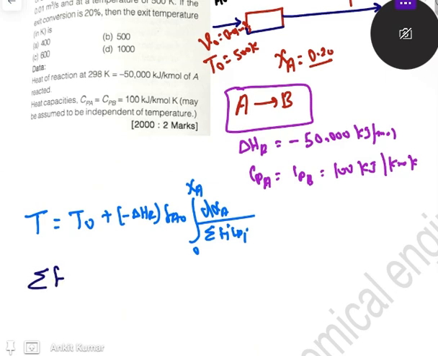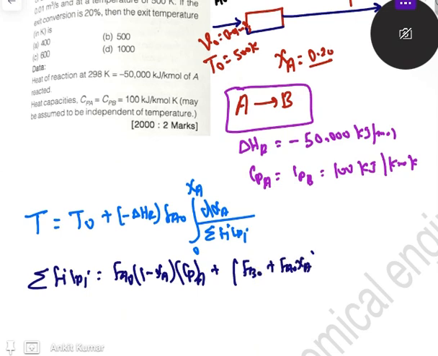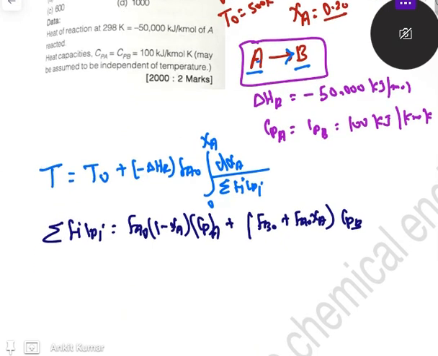It can be written as Fa naught into 1 minus Xa times Cp of A plus Fb naught plus Fa naught Xa times Cp of B. Why? Because whenever a reactant is getting converted into product, 1 mole of A is getting converted into 1 mole of B. So Fa naught Xa moles of A will be getting converted into Fa naught Xa moles of B.